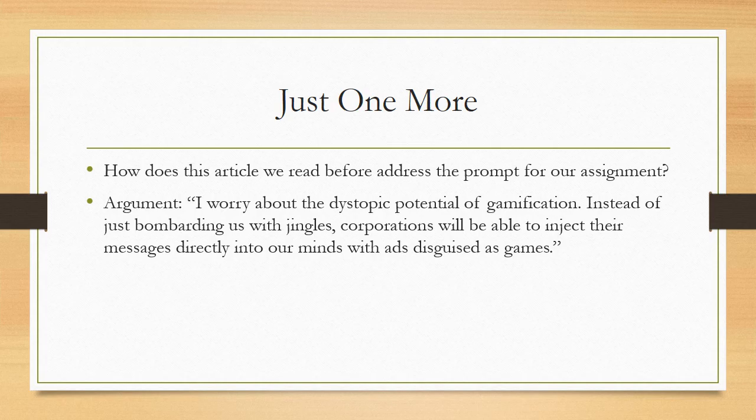Instead of just bombarding us with jingles, corporations will be able to inject their messages directly into our minds with ads disguised as games. This is not, I would say, the main point of his argument, but it's where he makes an argument about culture and analyzes cultural artifacts to prove it.